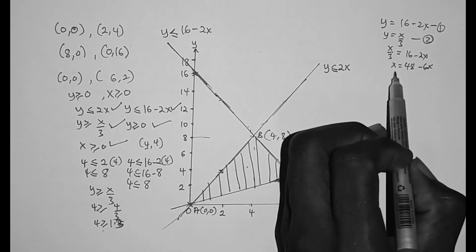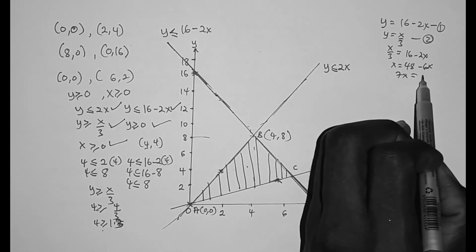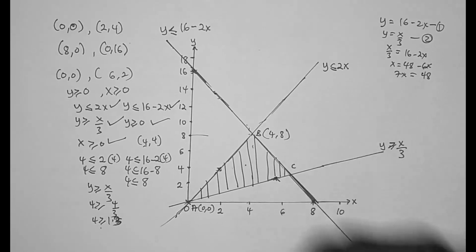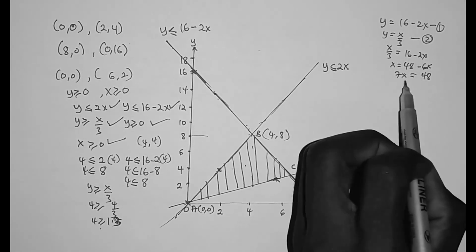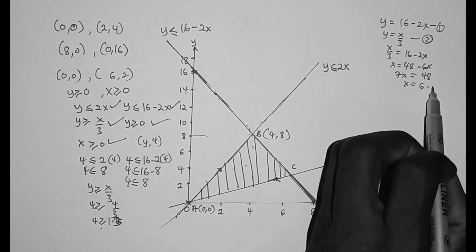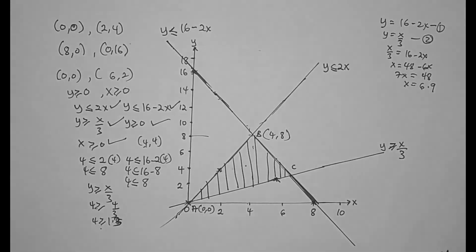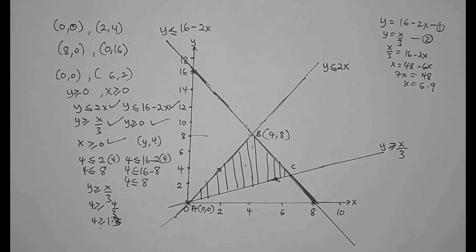So we take this x here. x plus 6x is 7x equals 48. 48 divided by 7 will give us x equals 6.9. So we then take 6.9 and put it here and find the value of y.